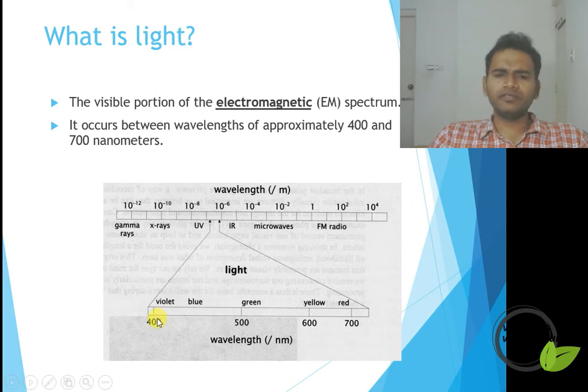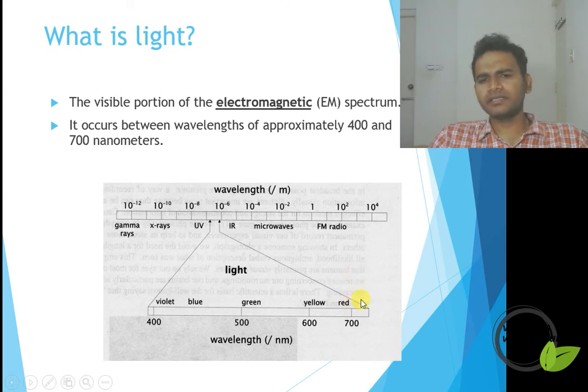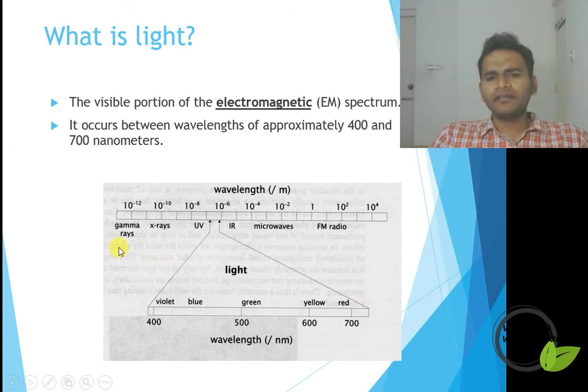In this range, at 400 you have violet and blue, at 500 you have some green, and then yellow color, and at 600 the red. Red is having the highest wavelength. That's the reason it is used mostly for indicative purposes, so it can reach the maximum distance. Before that, we have gamma rays, that is around 10 to the power of minus 12 meters.